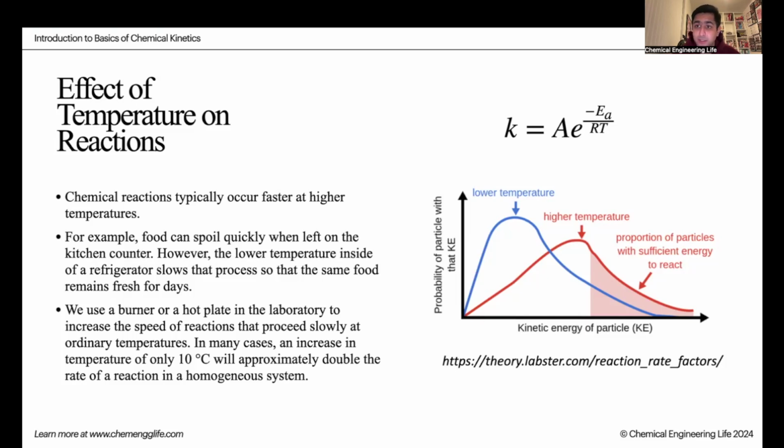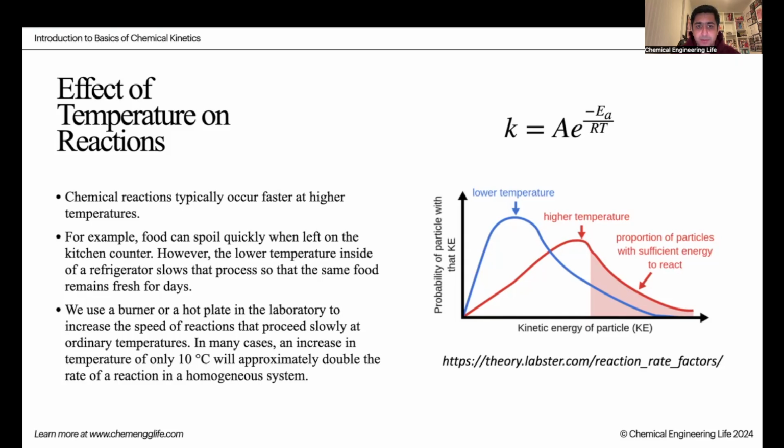At the same time, in laboratory experiments, if you put a boiler under a specific test tube, it does react a lot faster. Generally, it has been said that if you increase the temperature by 10 degrees Celsius, it will approximately double the rate of a reaction in a homogeneous system. So that's actually quite a lot, right? And that is a very basic fact.